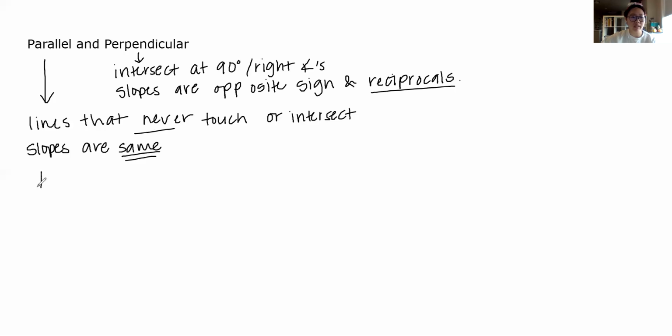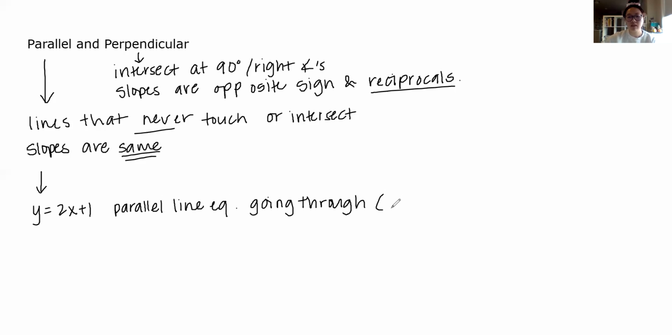Let's start off with our parallel line example. If I had the equation y = 2x + 1, and I wanted a parallel line equation going through, let's say, (0, -5), I know my first step is to rewrite my equation as y = 2x + b.